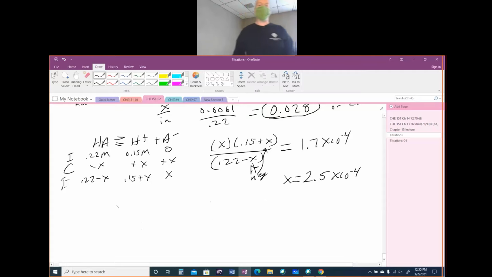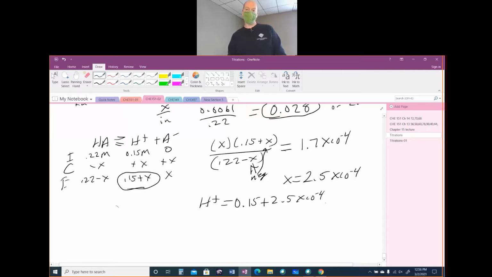All right, so a trick question here would be calculate the pH. And so people will take the negative log of 2.5 times 10 to the minus 4 because this is the Ka, so x is, of course, H plus. X is not equal to H plus. H plus is equal to 0.15 plus the 2.5 times 10 to the minus 4, which is equal to 0.15.